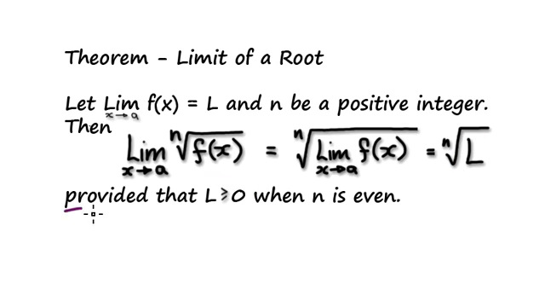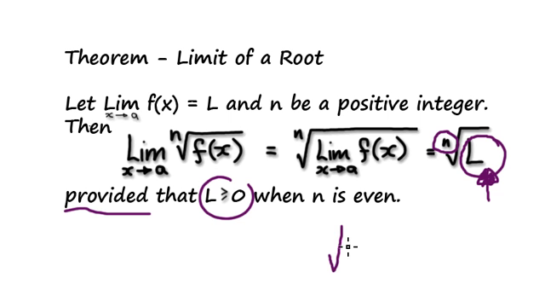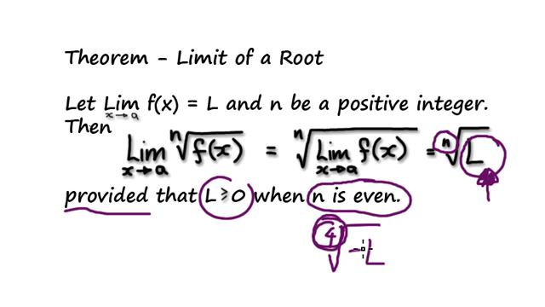So what this is saying is, provided this here is a positive limit when n is even. So for example, let's say to the power of 4. This is even, you see, provided when n is even. So when this is even here, you cannot have a negative limit.